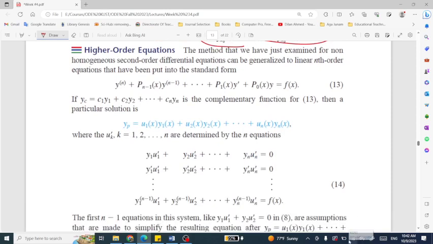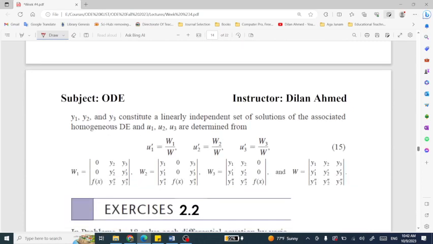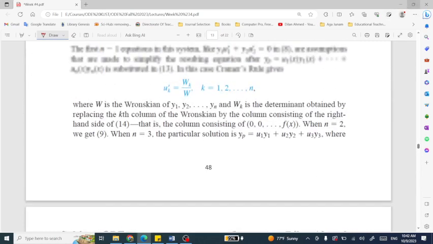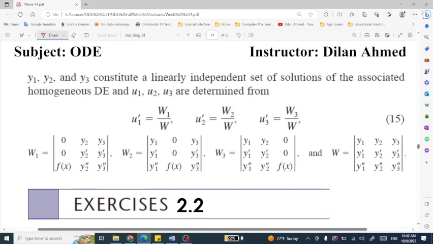Your classmates asked me how many W we have. I told you it depends on the order. For example, if you have a higher order, how do we solve it? Your matrix will be like that. Generally you know how to find W. First derivative, then second derivative.